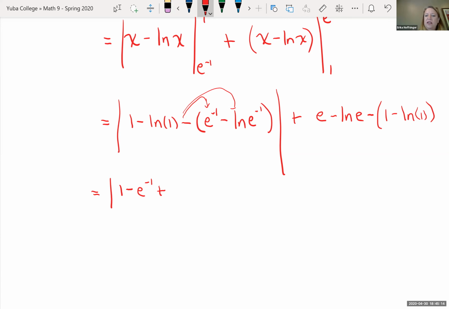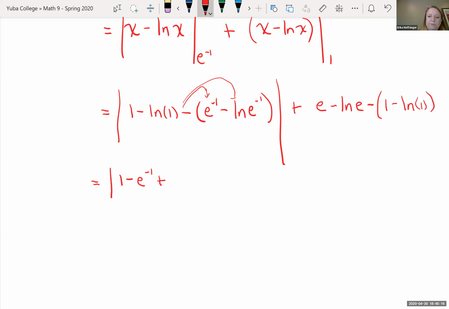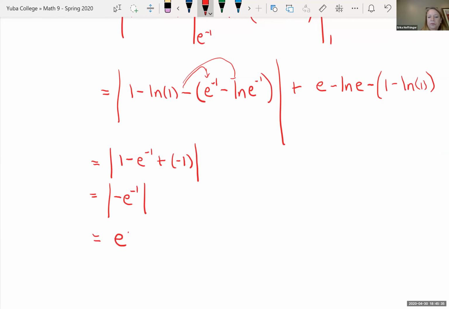And the exponent of that is -1. So just looking at this piece, I have 1 minus 1 cancels, minus e to the -1. But the absolute value of e to the -1 is e to the -1.